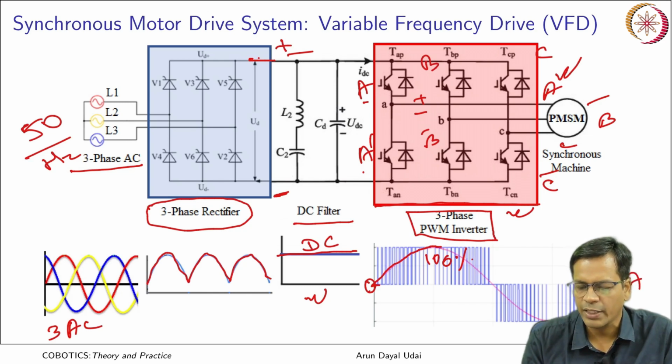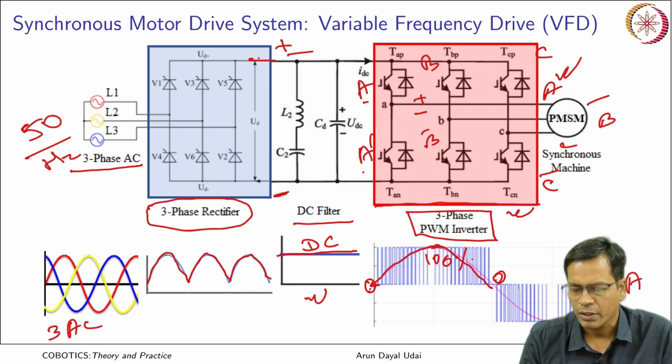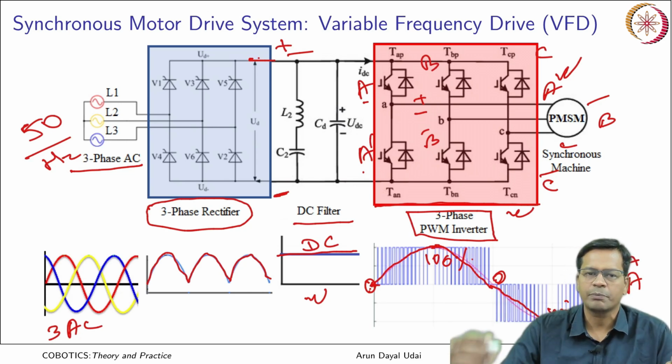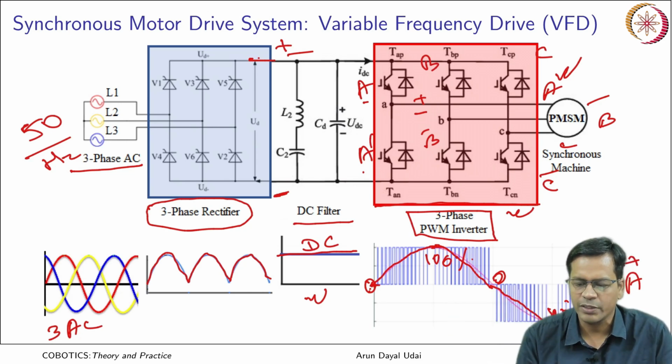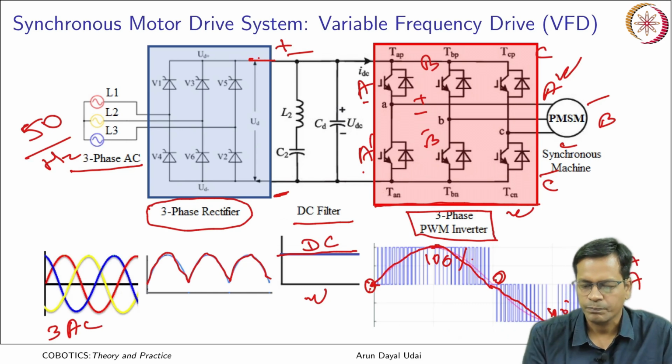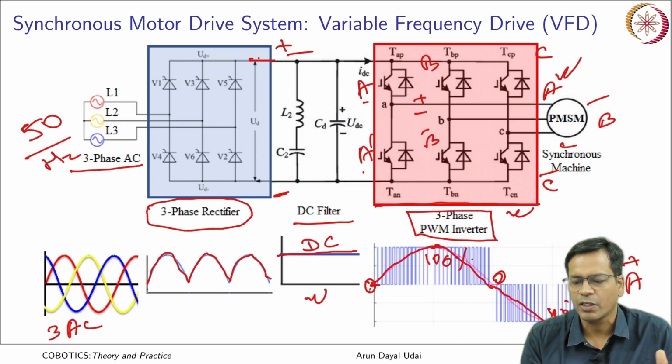Each of them will carry a PWM that creates an equivalent voltage ranging from 0 to 100% duty cycle, 100% back to 0 duty cycle, and then A bar is switched on and you do the same thing, 0 to 100% duty cycle and 100% to 0%. That means in both the positive half and the negative half, you make a 0 to 100% sinusoidal wave. So effectively this creates the feel of a complete sinusoidal wave.